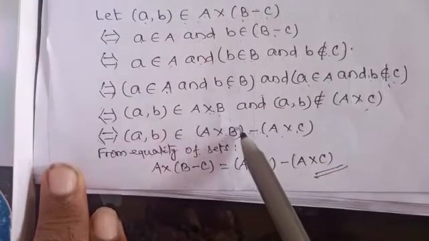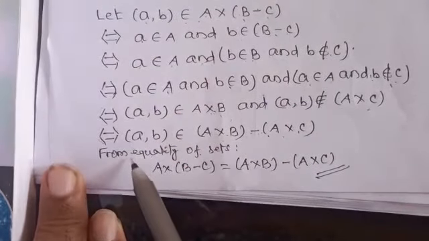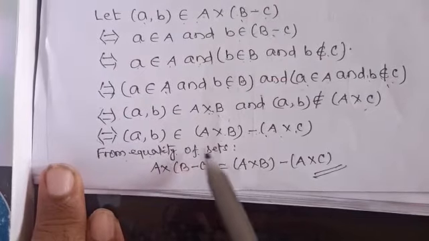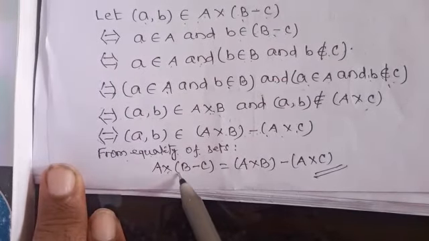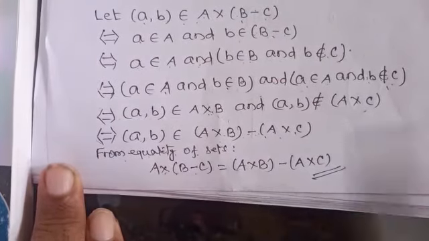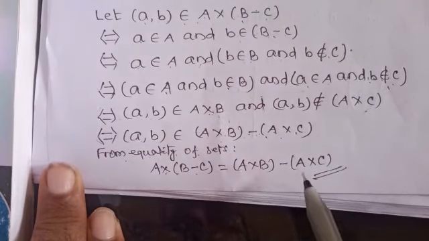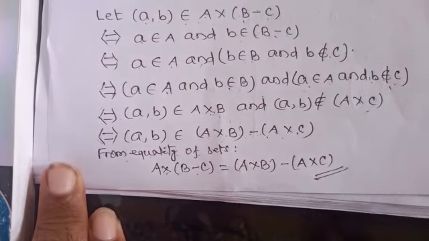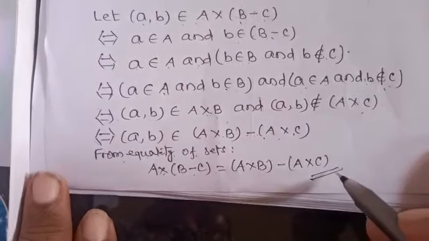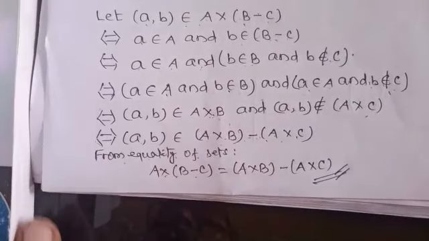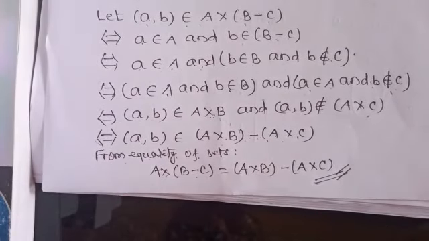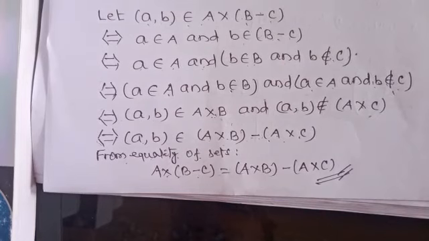Both are subsets of each other. Thus from equality of sets we have A cross (B minus C) is equal to (A cross B) minus (A cross C). So in this way we proceed to prove the results.